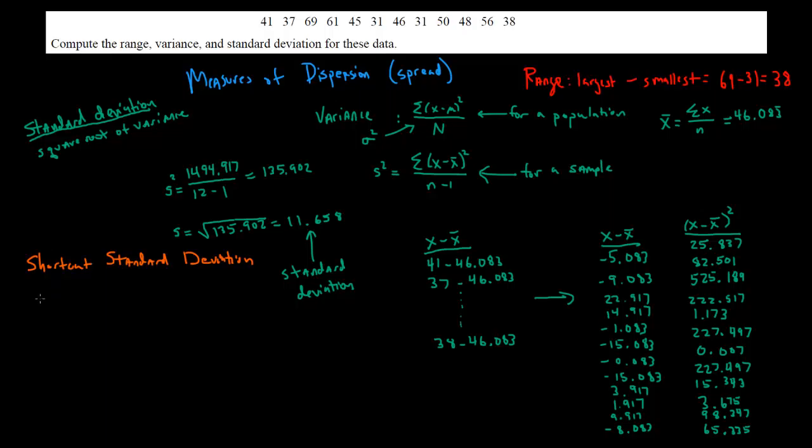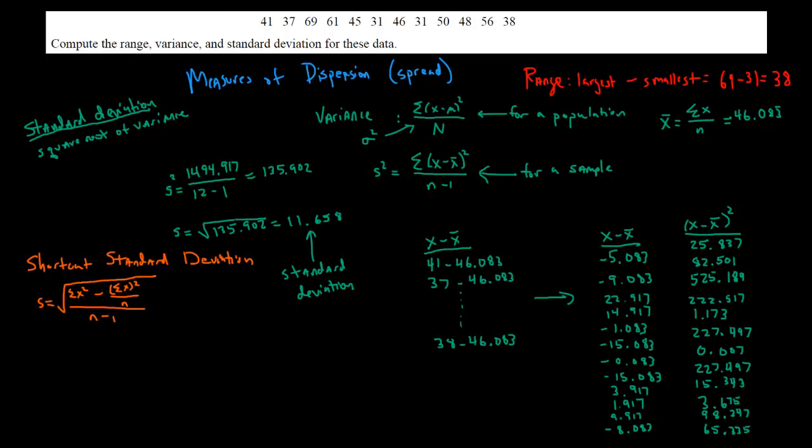But for a sample, S equals the square root of the sum of the x squareds minus the sum of x, squared, divided by n, and then everything over n minus 1.